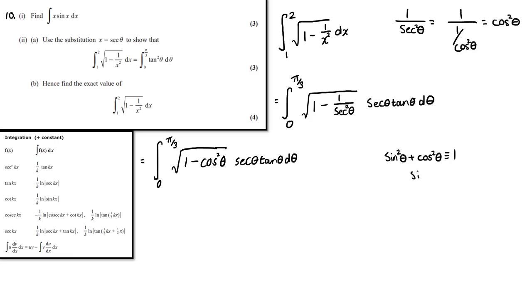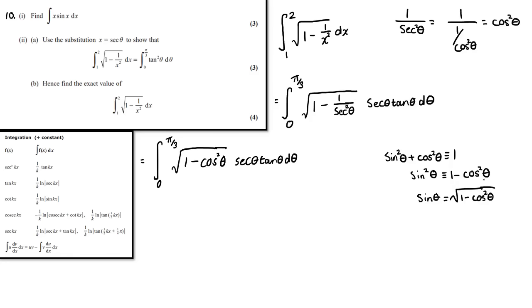So sine squared theta is equivalent to 1 minus cos squared theta. And then if we just want to get the square root of 1 minus cos squared theta, we take the square root of both sides. So if we take the square root of this left-hand side, we just get sine theta. So sine theta, in this case, is just equal to the square root of 1 minus cos squared theta.